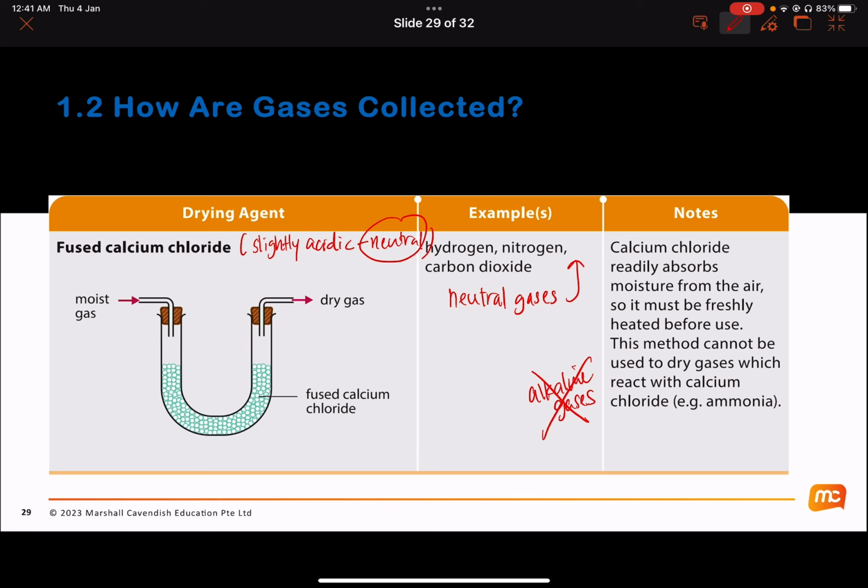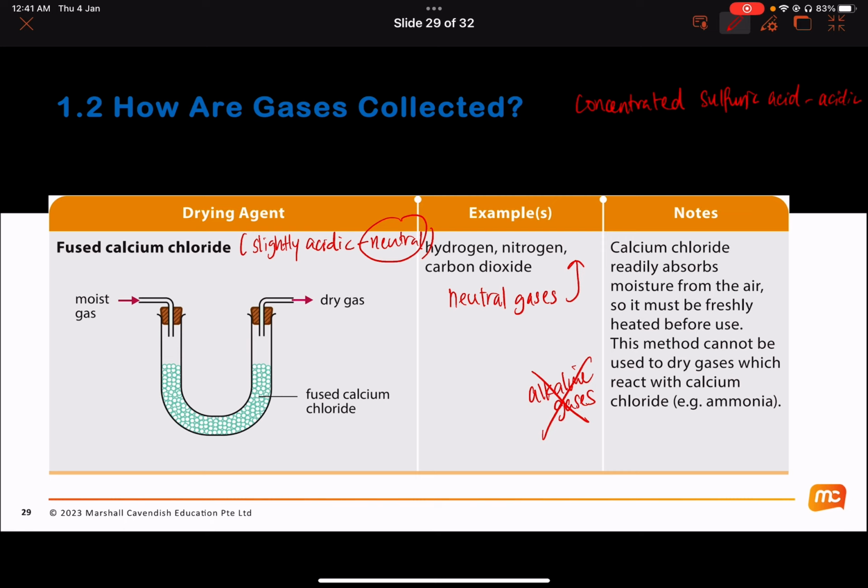So that is fused calcium chloride. So you are expected to remember each of them. Okay, and if I were to provide you with a quick summary, we have concentrated sulfuric acid, which is acidic, so it will dry acidic gas.